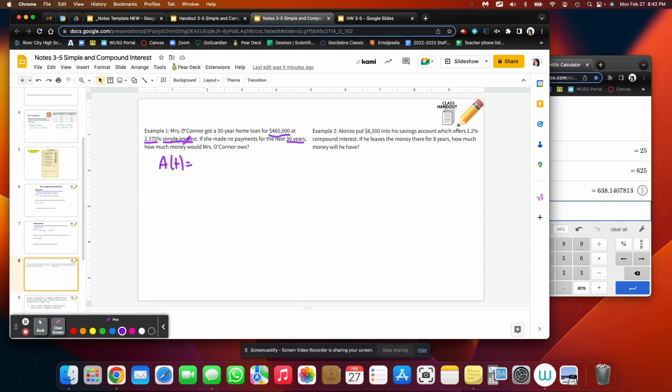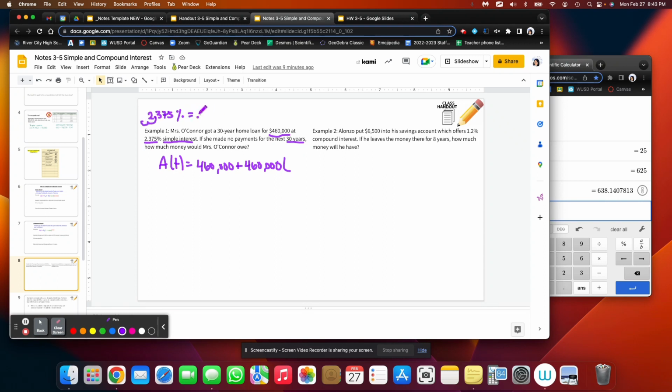Since this is simple interest, we know that it's going to be the original amount, which is $460,000, plus the principal amount, which is $460,000, times the rate, which is 2.375% as a decimal. We're going to move the decimal over 2 places, 1, 2.